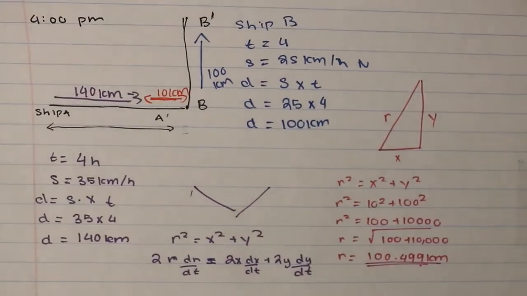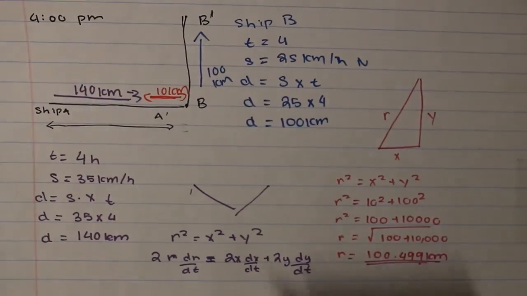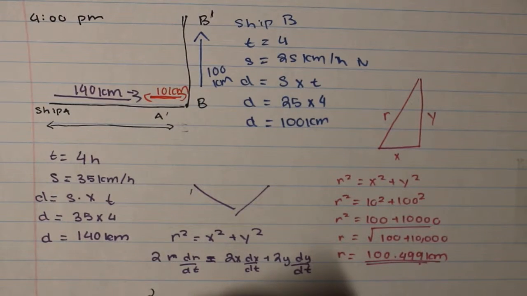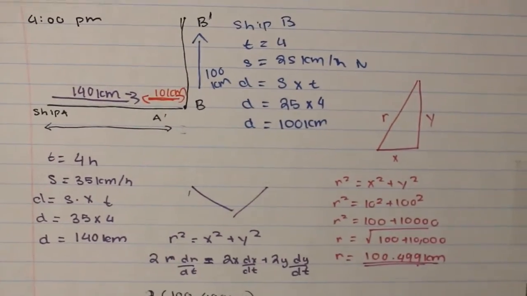Now we can plug in the values. We know that the 2 stays there, and we know the r, which is 100.499 kilometers, but we do not know dr over dt, and that's exactly what we're trying to find out.